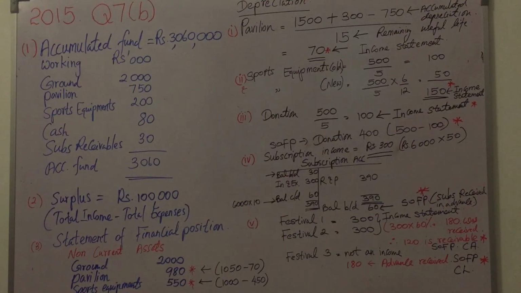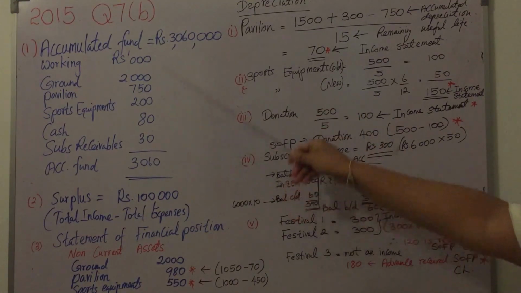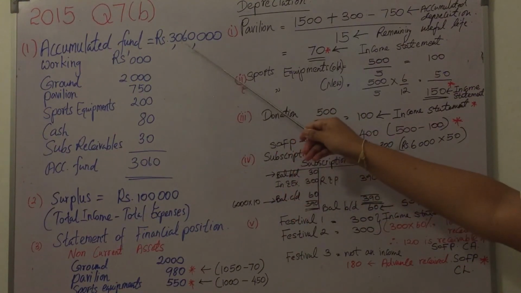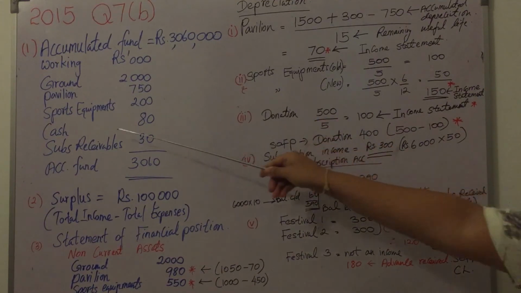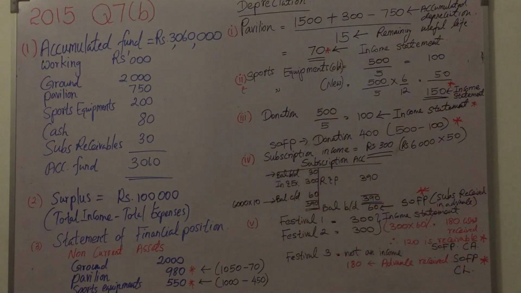So there is an opening balance of 80,000 in the receipts and payments account. So that opening balance you need to include here to calculate the accumulated fund, opening balance, cash, opening balance 80 should be added. And donation for sports equipment already we have taken into consideration. Subscription also we took.